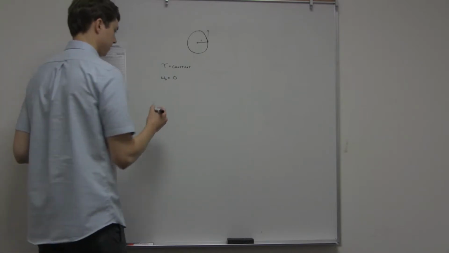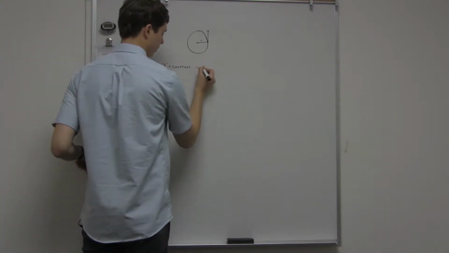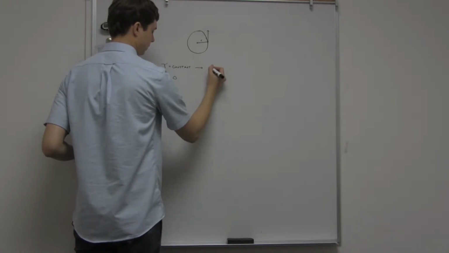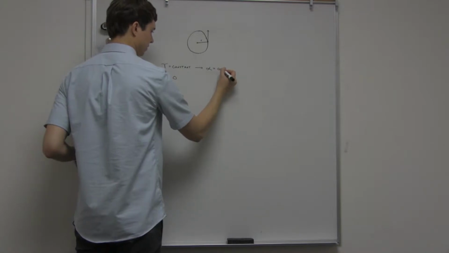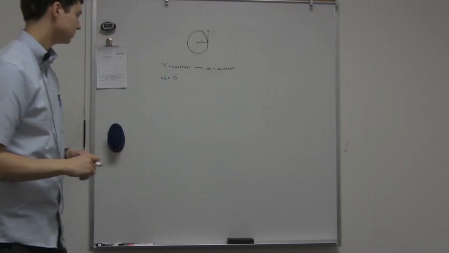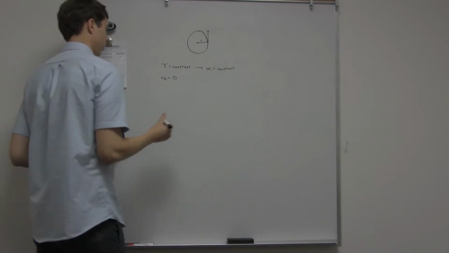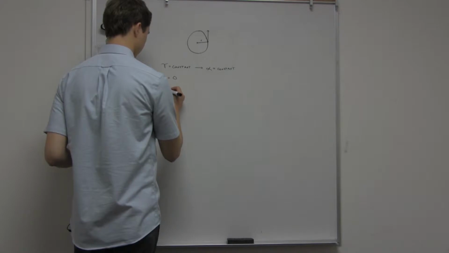So since we have constant torque, that means we have angular acceleration that's also constant. We want to get to omega sub 1.